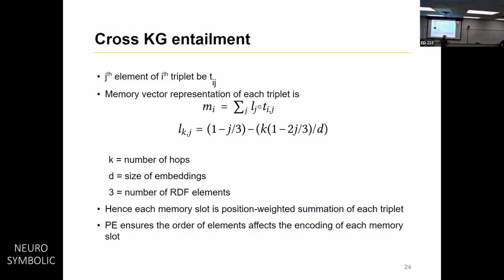For hop 0 it's L0 for each element, and from the next hop it is L1 of each element. This is how you calculate the position vectors of a triplet. If a triplet is reversed, the position vectors change, because the subject in the first triplet can be an object in the next triplet.